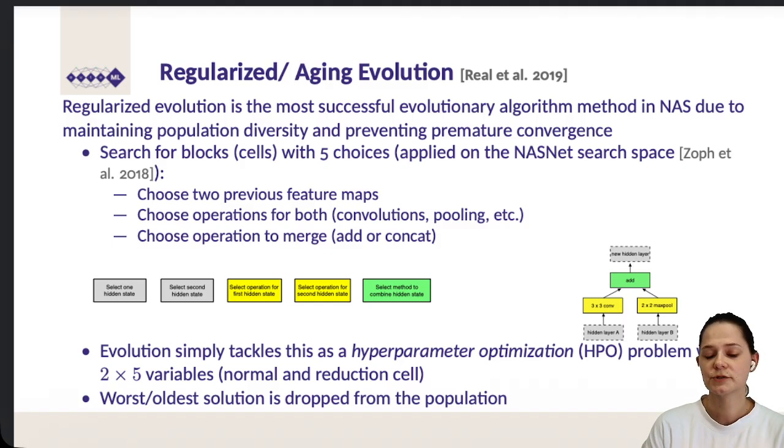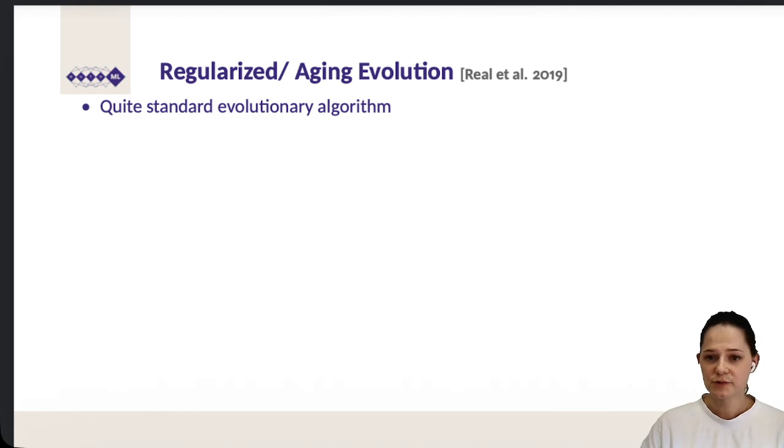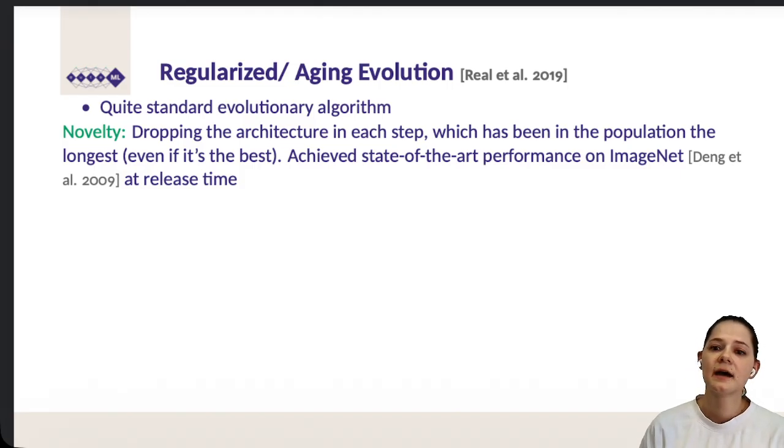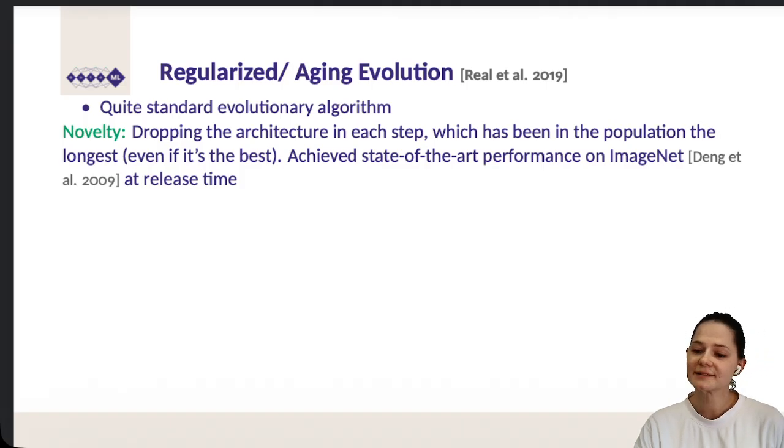And in regularized evolution, we drop the oldest instead of the worst. Therefore, it's quite a standard evolutionary algorithm with the novelty of dropping the oldest. And interestingly, in 2019, that approach achieved state-of-the-art performance on the ImageNet image classification task at the release time. And we can also interpret the decisions directly, which makes it even more interesting.